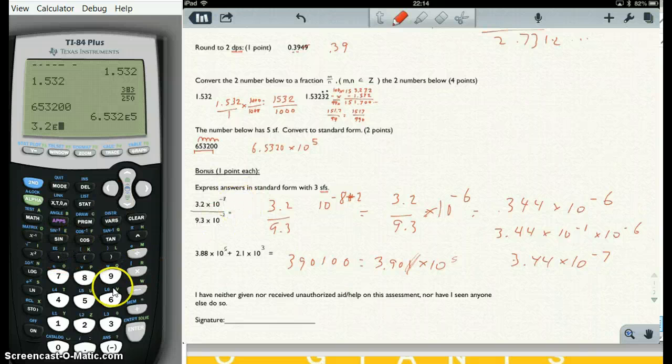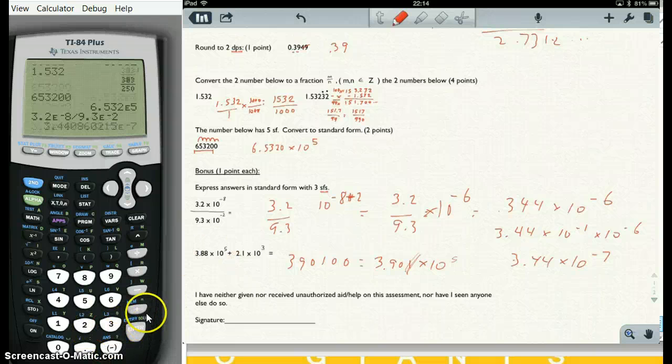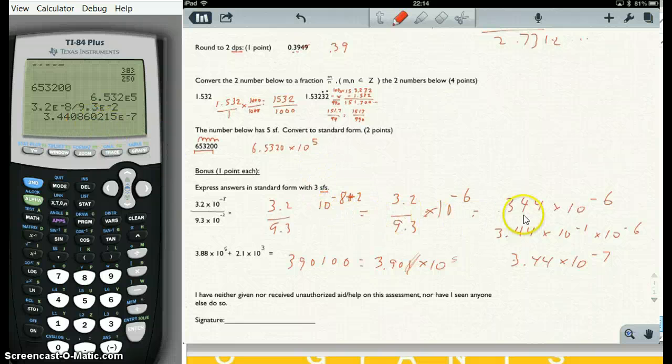So with 3.2 times 10 to the negative 8th, and you got to use negative, not the minus sign, and you divide by 9.3, and then we put EE, and then we put negative 2 here. Okay, and then what do we get out? We get 3.44 something something times 10 to the minus 7th. Okay, so that's our answer, which we have here.